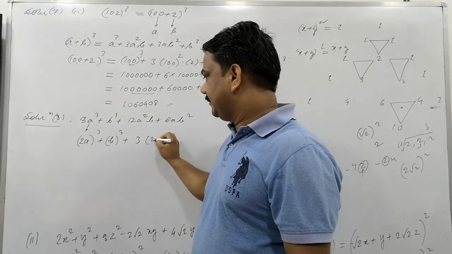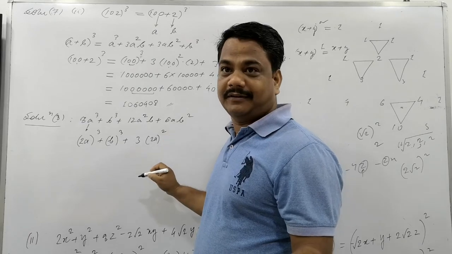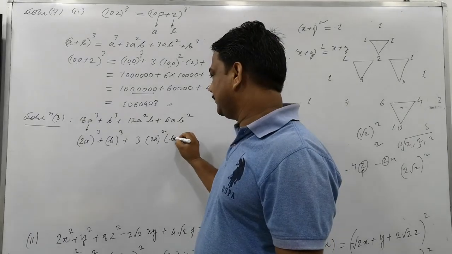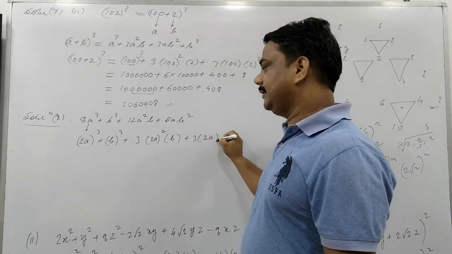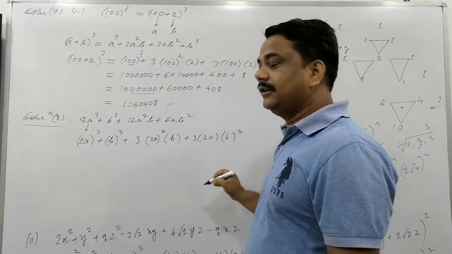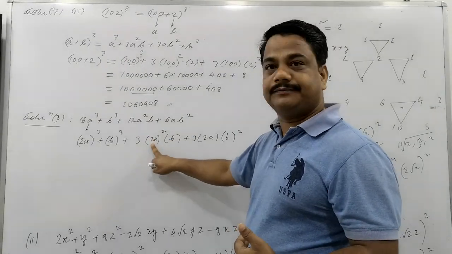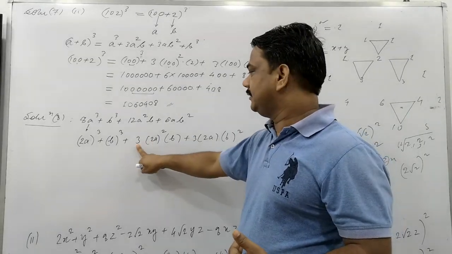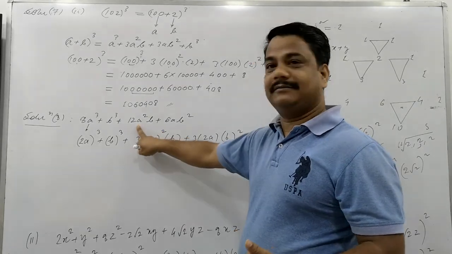3 times first term square. You forgot that pattern. And the second term comes alone. And the next is 3 times first term and second term square: 3 times twice a, and b square. So these terms are getting matched with this. 2 twos are 4, 4 threes are 12, so 12 a square b is coming.